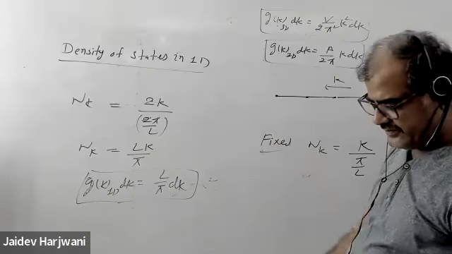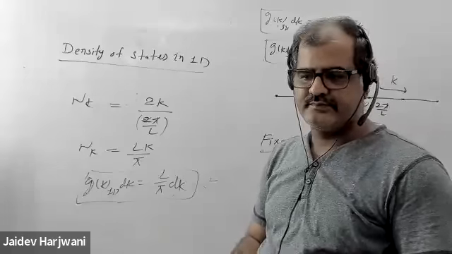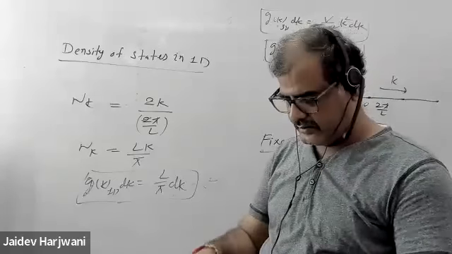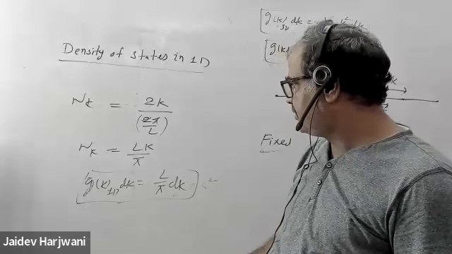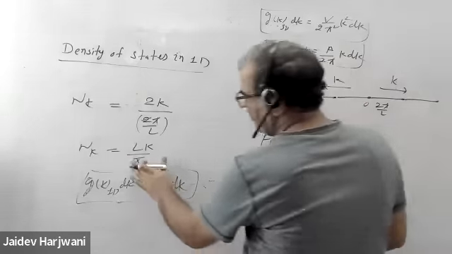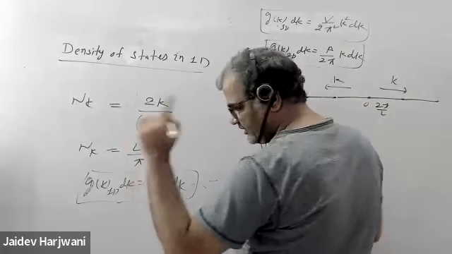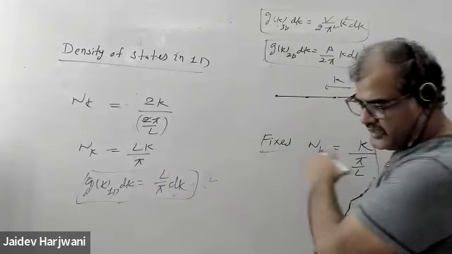Yes, boliye. Sir, you said that earlier del k equals 2 pi by L, which you wrote for one dimension, you have to correct that, no? Yes, you have to correct that for periodic boundary condition. The density of states we are doing here is correct.